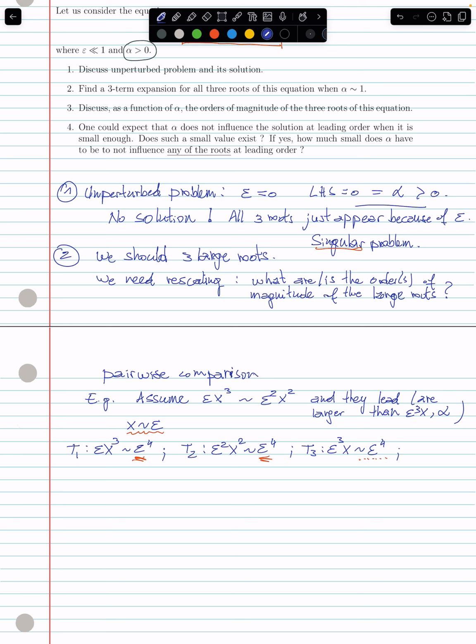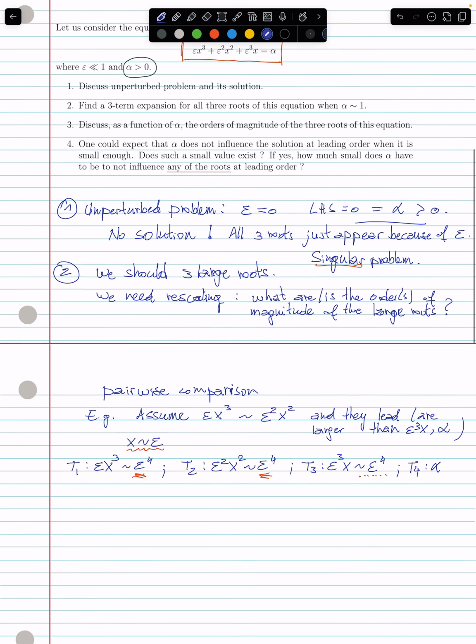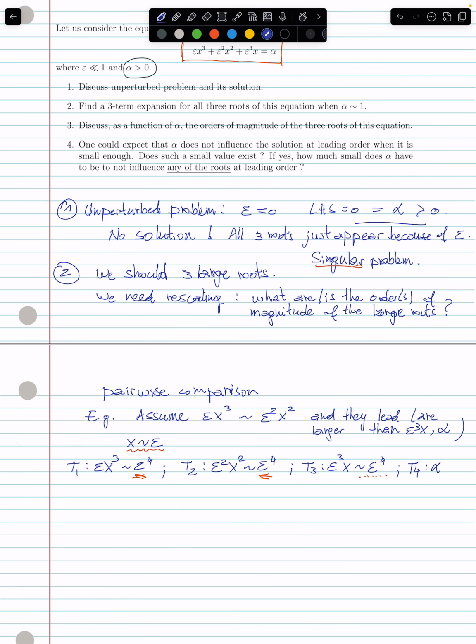All right, but what we need to make sure is also that these are much larger than the last term, and the last term on the right hand side is alpha, and this is epsilon to the power 0 because this is 1.